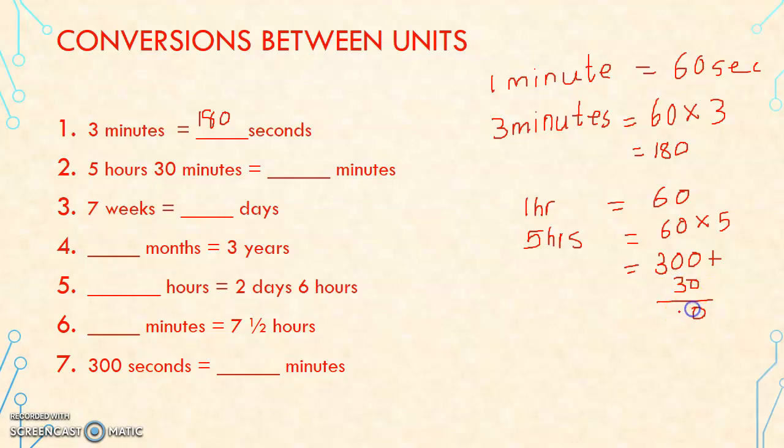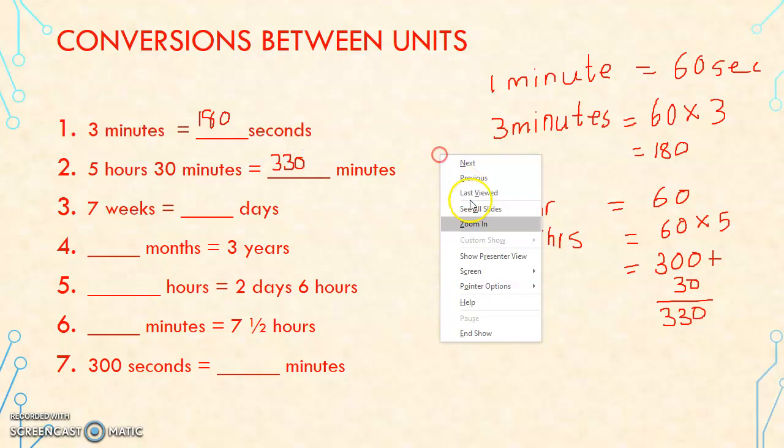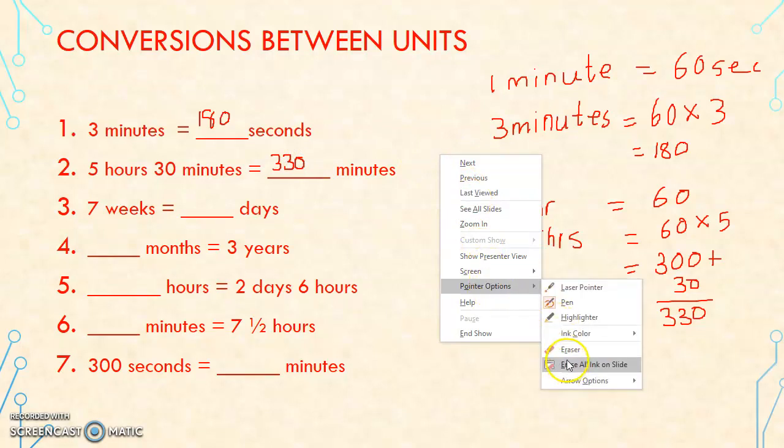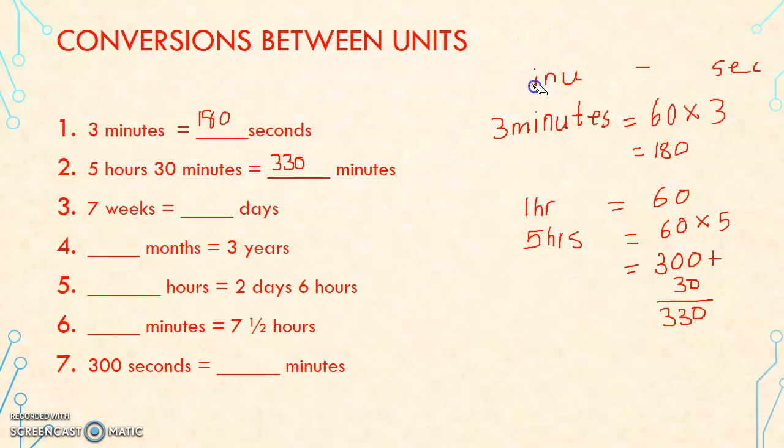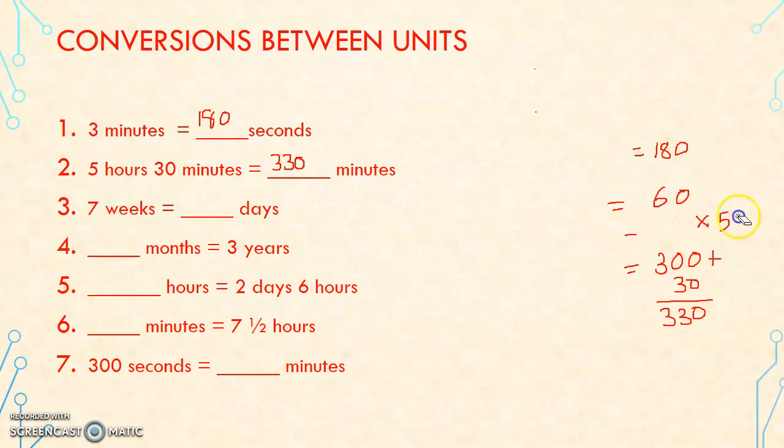This is 0, 3, 3. 330 minutes. So minute നെ seconds ലേക്ക് convert ചെയ്യാൻ multiply by 60. Hours നെ minutes ലേക്ക് convert ചെയ്യാനും into 60.